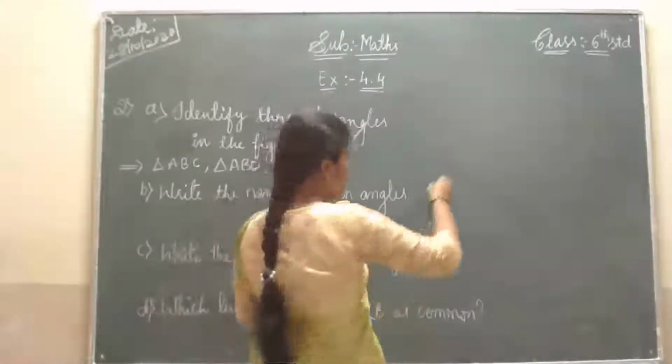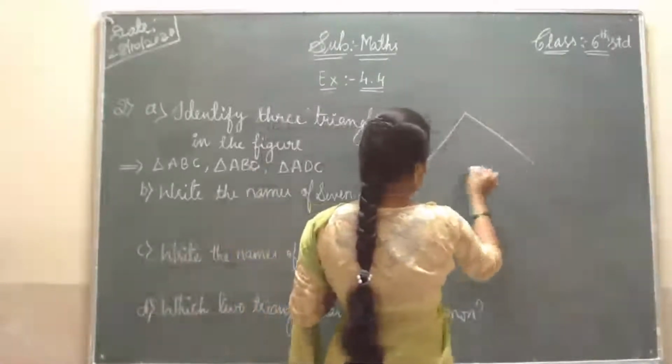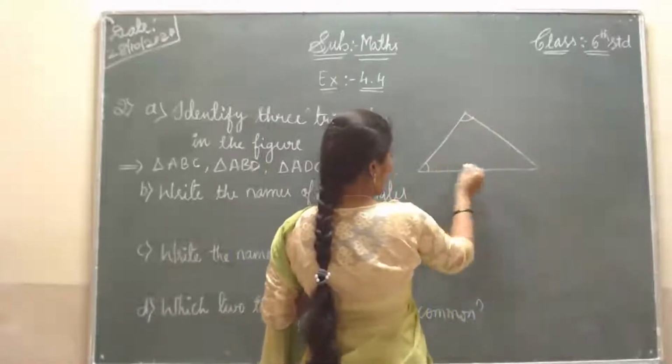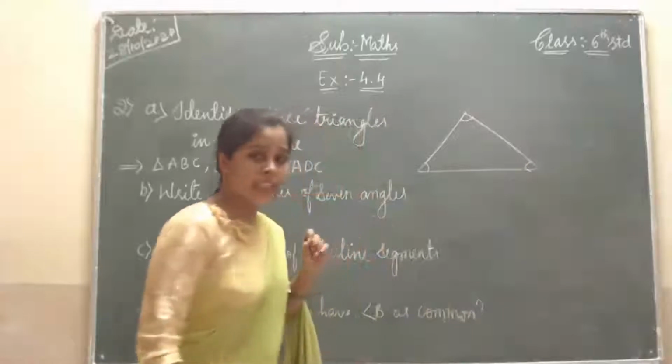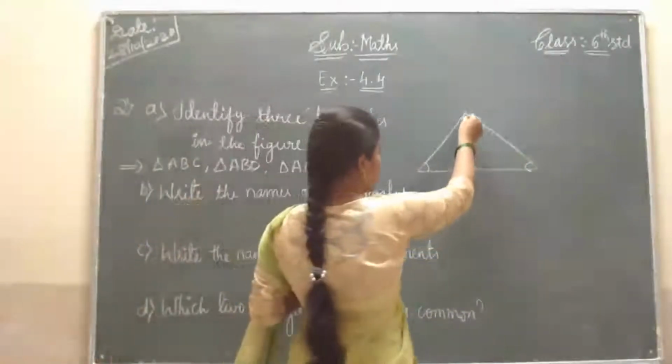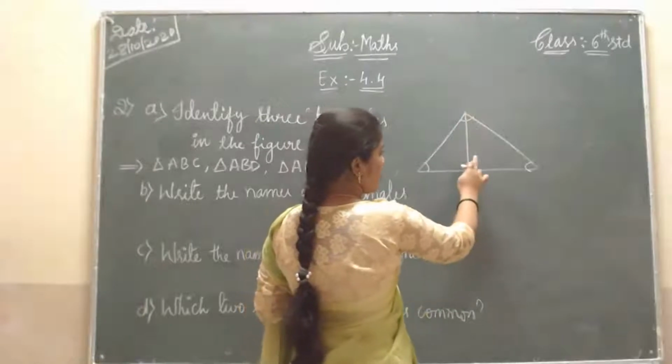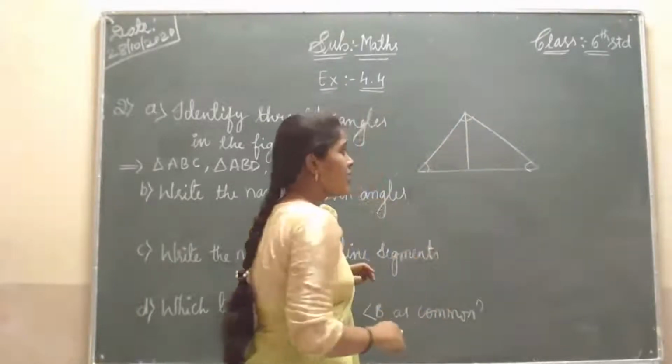We know what angles are. What is an angle? See here, these are the angles. These are three angles. But here, see: one triangle, two triangles, and the big one is the third triangle.